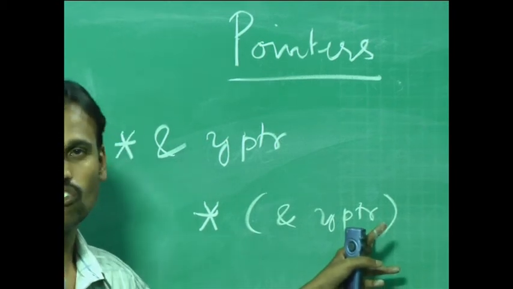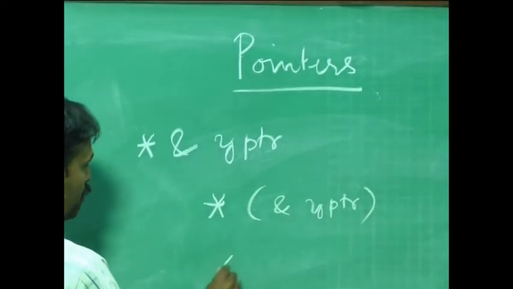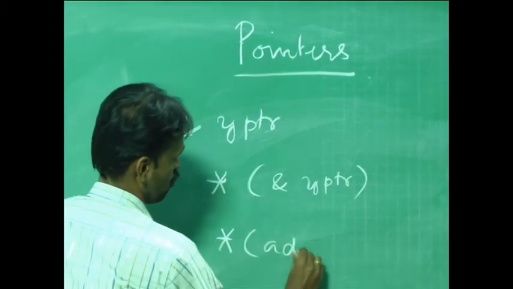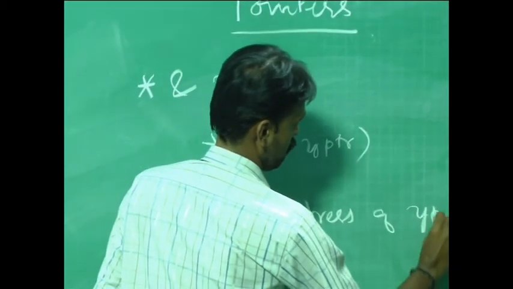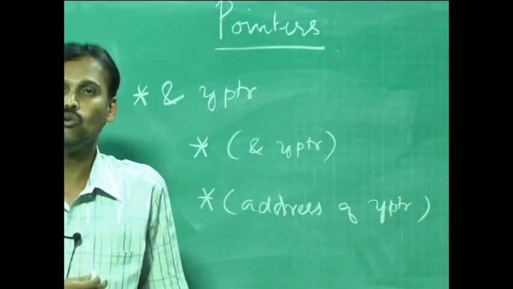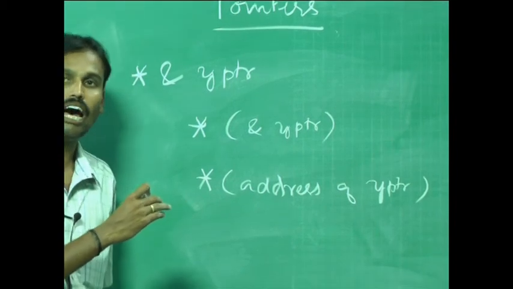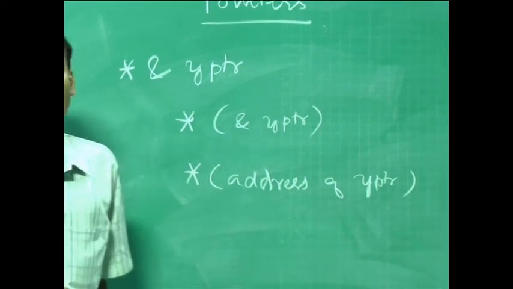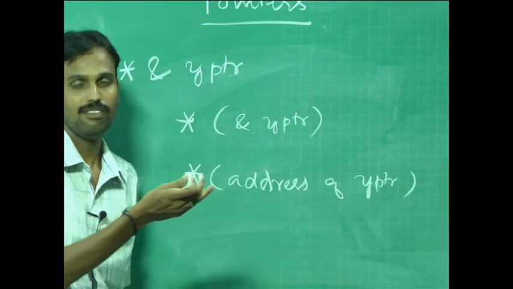It is the address of yptr, which is a pointer. Now, what is this equivalent to? This returns the alias of an operand. This returns an alias of operand what it points to. So, this directly becomes the alias.